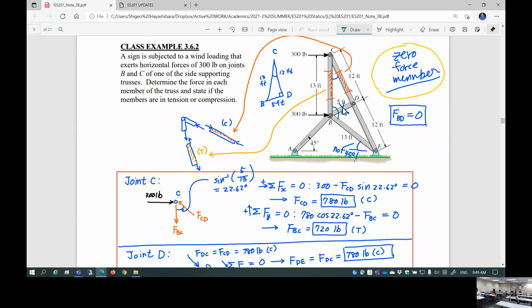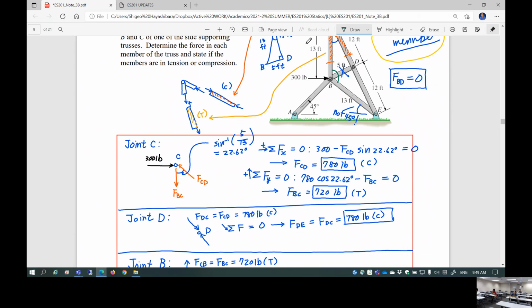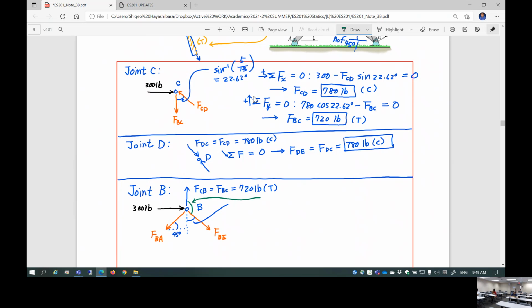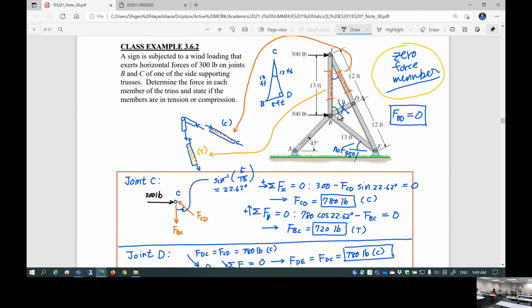So 180 minus 2 times 22.621, because the triangle is the same on either side, so the bottom angle there is the same as that angle. I'm talking about the bottom there, that angle in the other triangle, the BDE triangle, the small angle. It's the same as that. So 180 minus both angles will be 134.76. No, it should just be 22.62, the same as joint C, because it's the same angle on both.